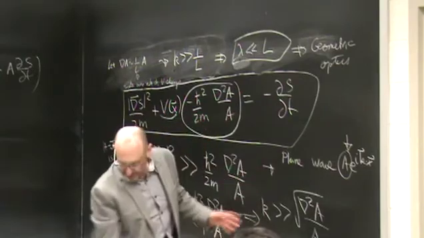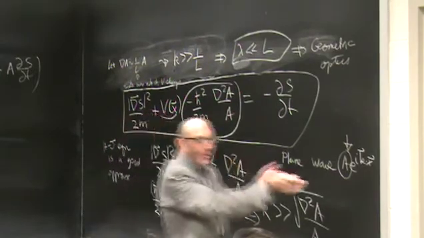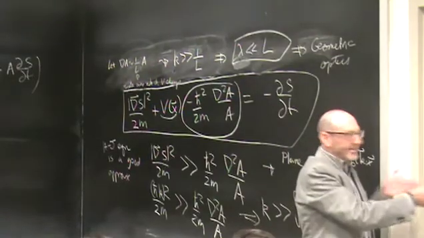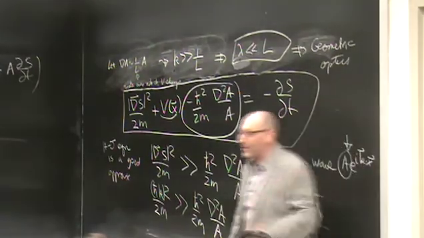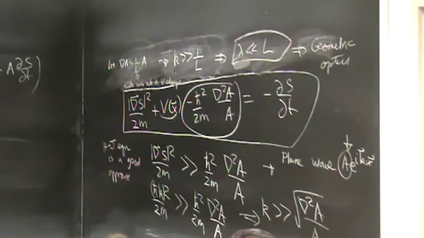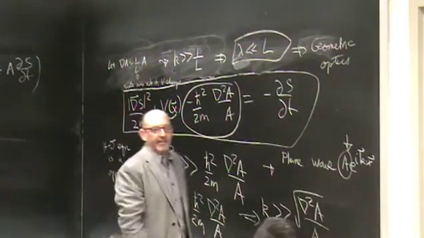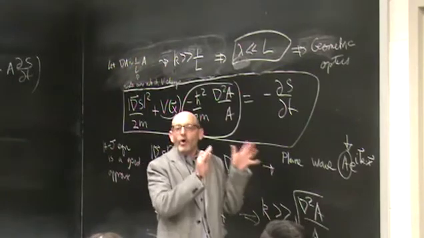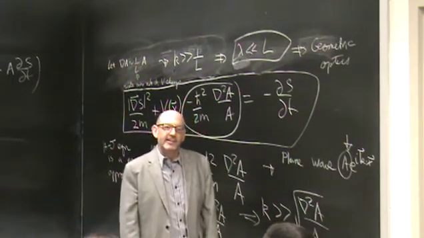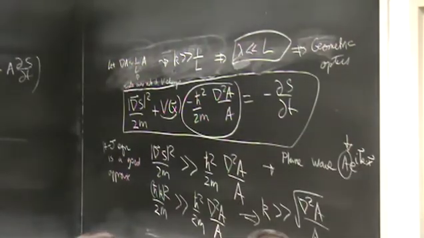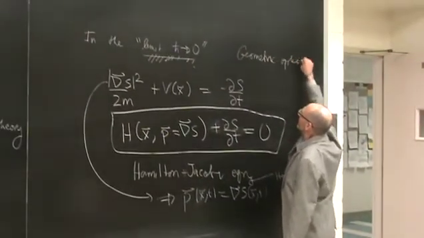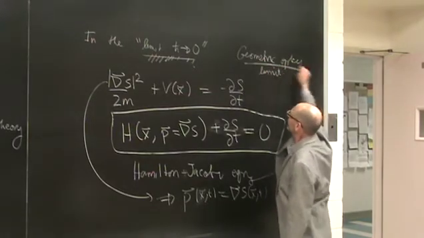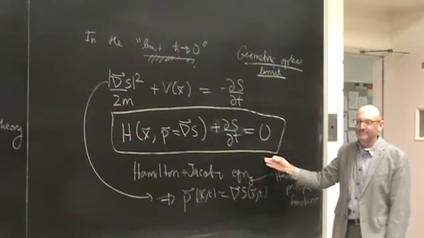If I put a laser pointer through this door, it doesn't diffract. The reason it doesn't diffract is the length scale associated with this slit is huge compared to the wavelength. And under that condition, I can just think about ray optics. I don't have to think about diffraction or any wave-like property. What we're learning here is that the geometric optics limit of quantum mechanics is classical mechanics.